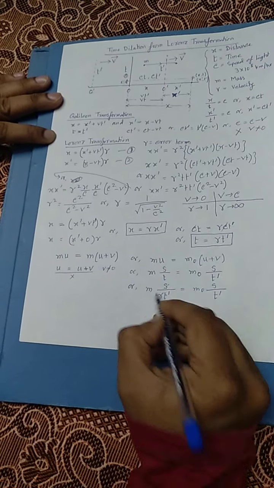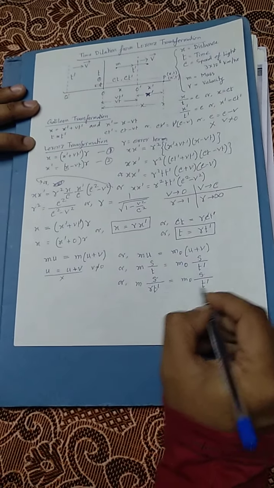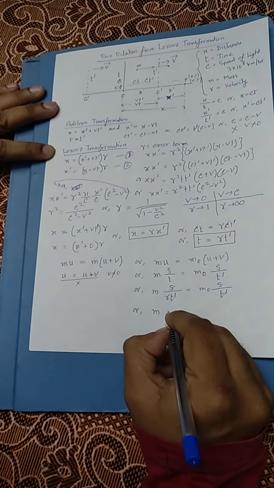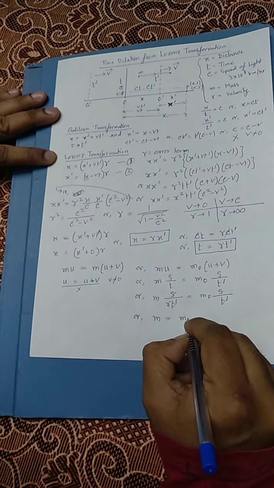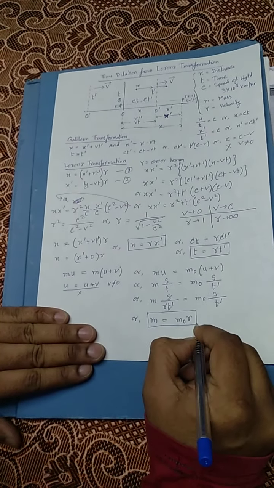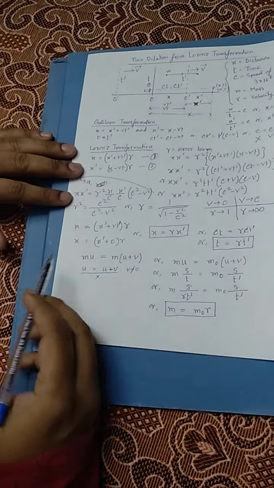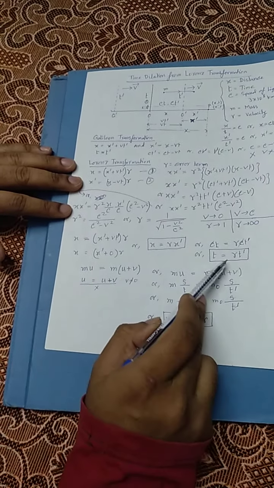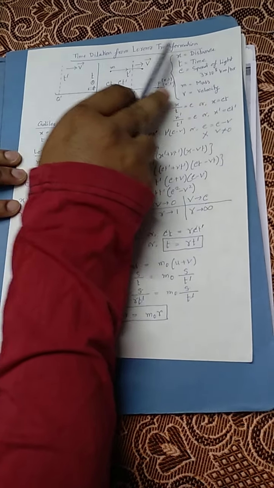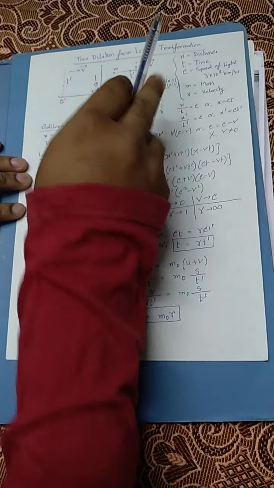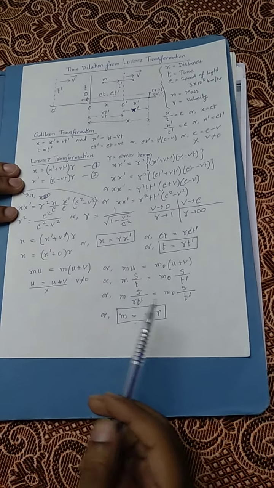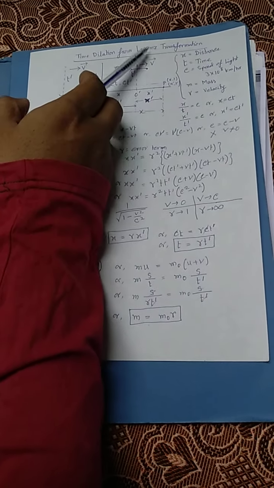Now s is going to cancel out, t prime is going to cancel out, so we can write m equal to m0 times gamma, that is relativistic mass gain. So we can prove length contraction, time dilation and relativistic mass gain from the Lorentz transformation. That is basically the Einstein concept of the theory of special relativity, which can be derived from the Lorentz transformation as well.